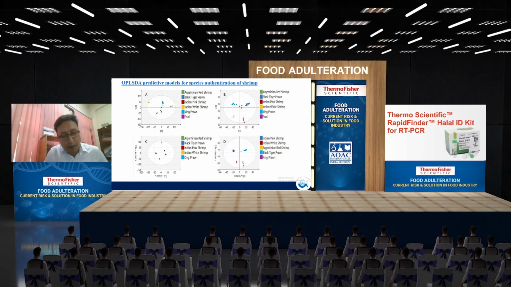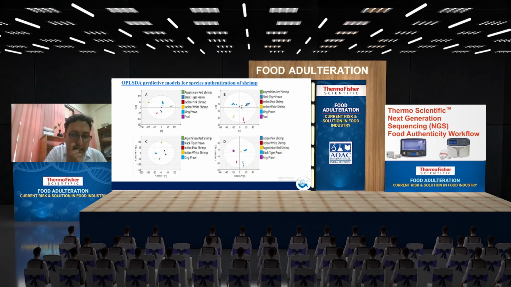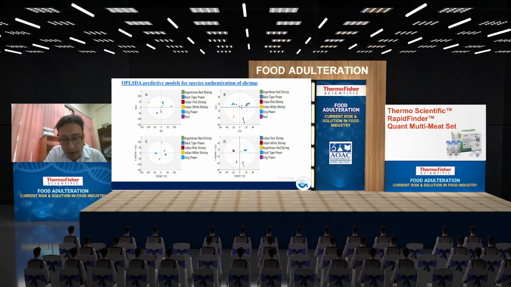We acquired the data in an LC high resolution mass spectrometer, and using the fingerprint data, using all the ions, we developed models. As you can see here, the models could clearly predict the difference between different types of shrimp species very easily.